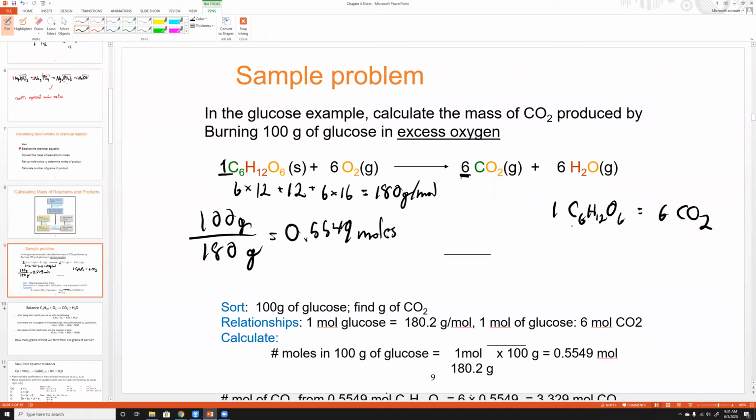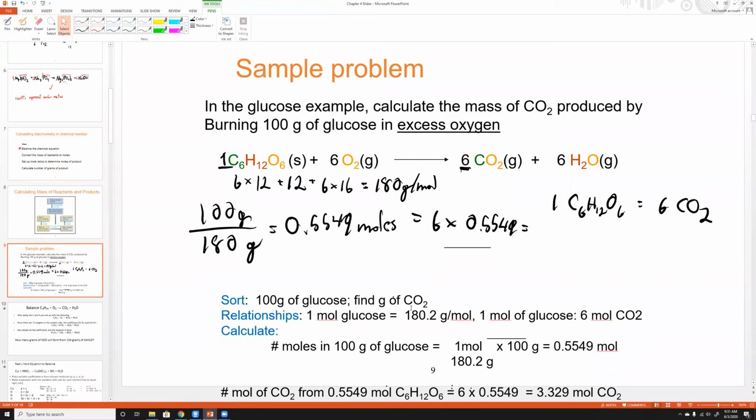That's the equality that we're dealing with. So if that's the case, then 0.5549 moles of glucose equals 6 times the 0.5549. And that's how many moles of CO2 would be produced in this reaction of 100 grams of glucose. So let's take a look at that math.